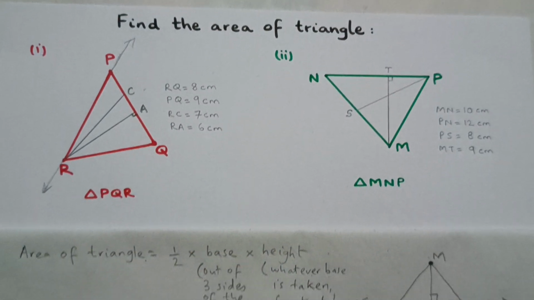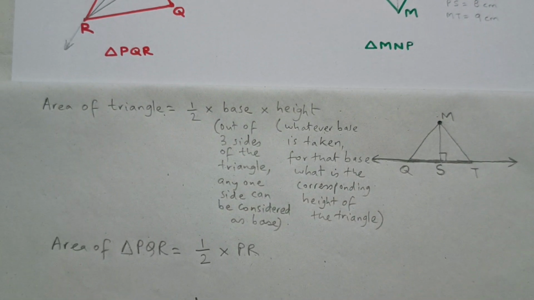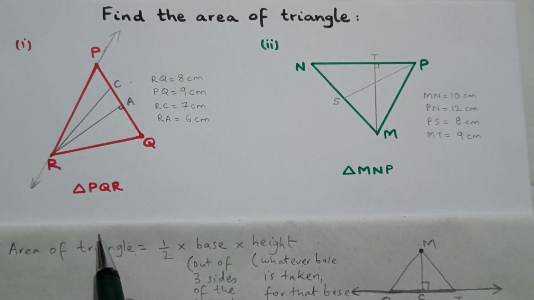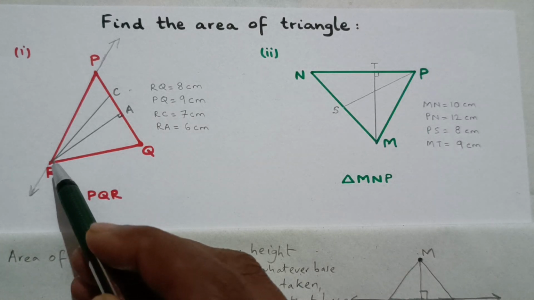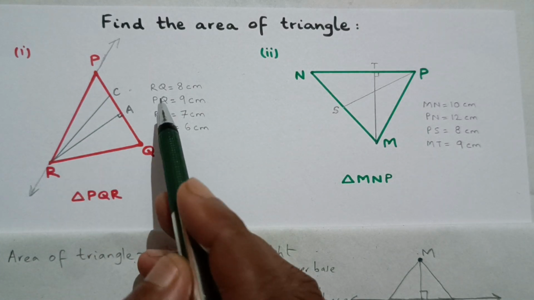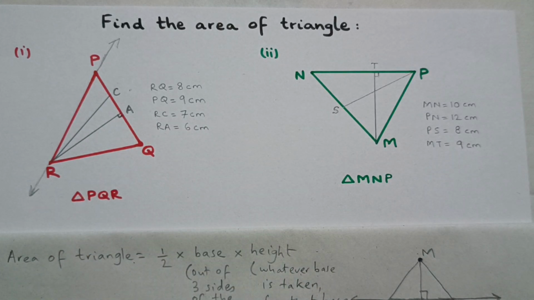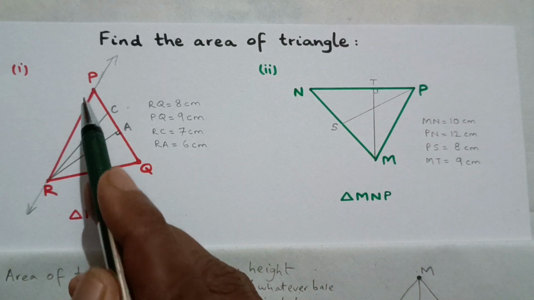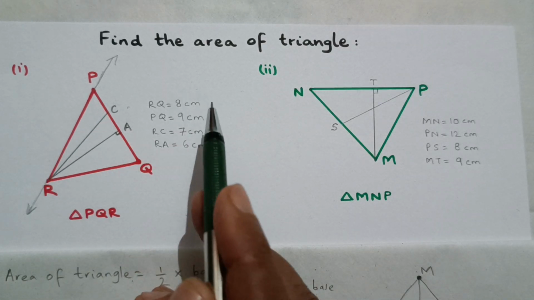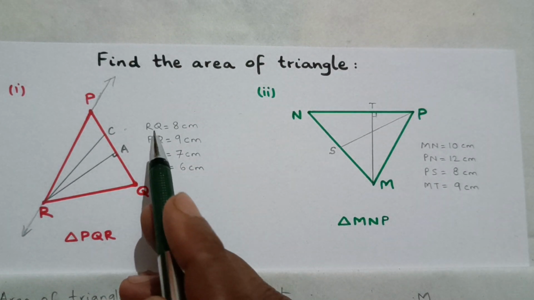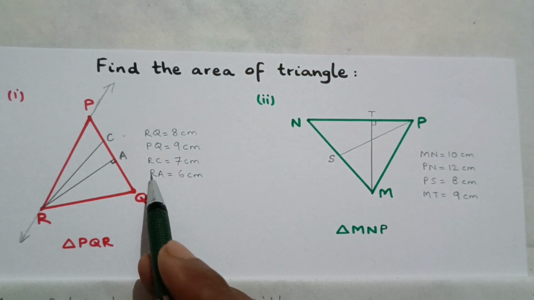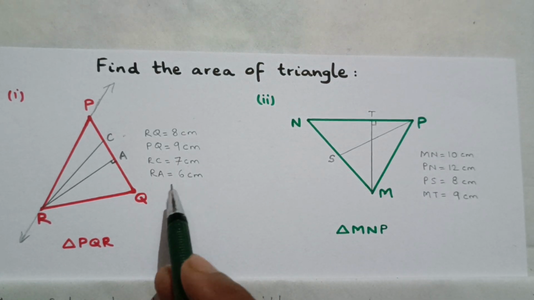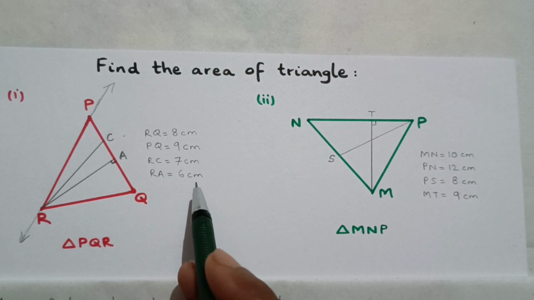Okay. Now, in question number 1, if I take PR as the base, I can't solve the question because the measure of PR is not given to us. We know RQ is 8 cm, PQ is 9 cm, RC is 7 cm and RA is 6 cm.